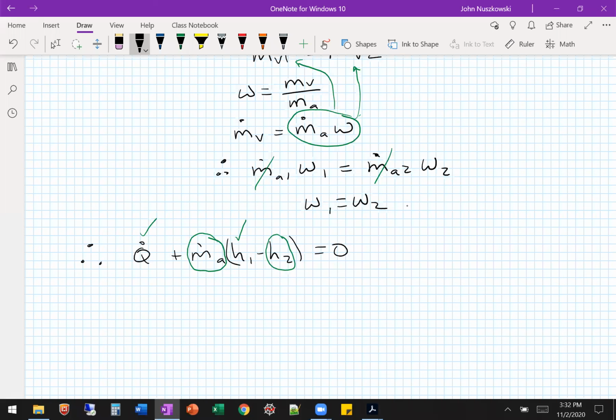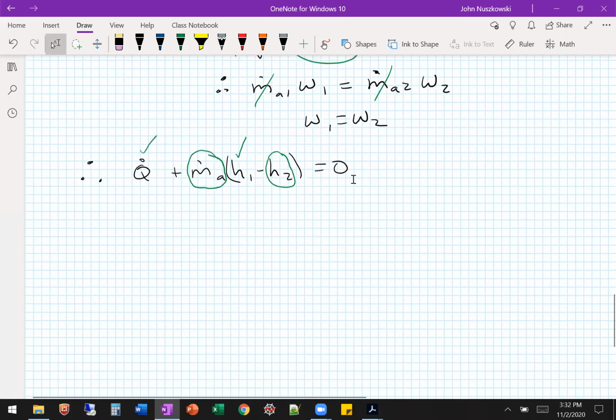How do we do that? Any ideas? Using the conservation of mass, we can use the mass flow rate equation.